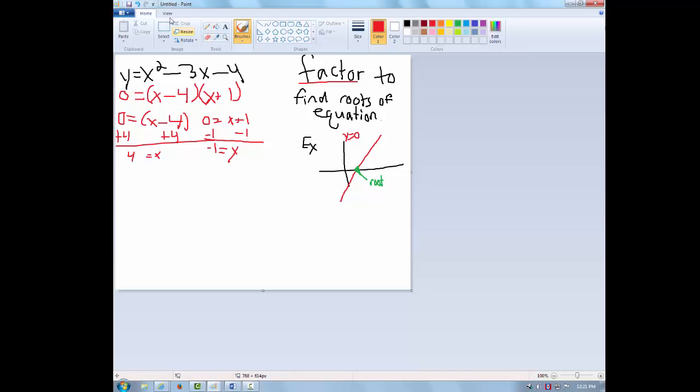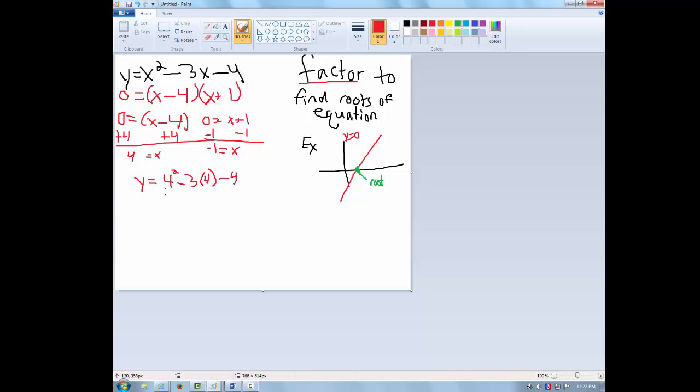Now sometimes when you do problems, you have to check it to make sure it's correct in the formula, because once you get to upper level math, it can change on you. So let's plug these two into the original function to see if they give us a y value of 0. So 4 squared minus 3 times 4 minus 4.